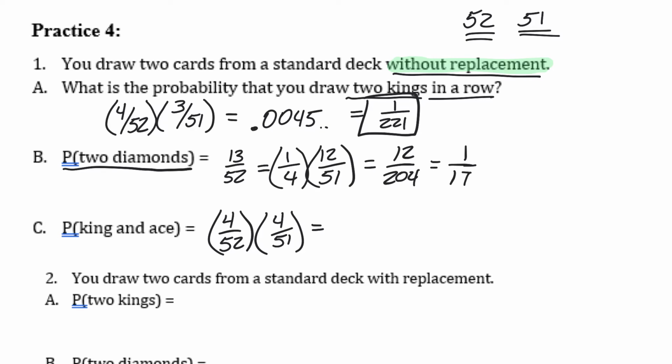So we have 4 times 4, 16 out of 2,652 as our denominator. So our probability is 4 out of 663.